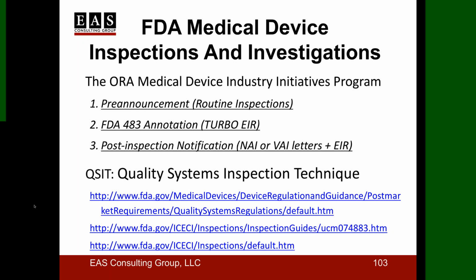If it's an NAI or VAI situation, then they're going to supply you with a letter and the report, an EIR, Establishment Inspection Report. The investigator's not going to do that, but the compliance group is going to do that. Again, it's per QSIT.